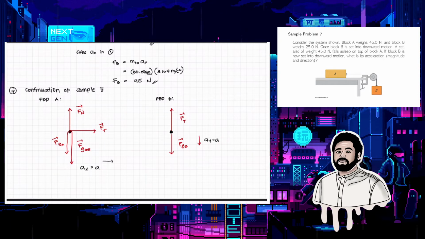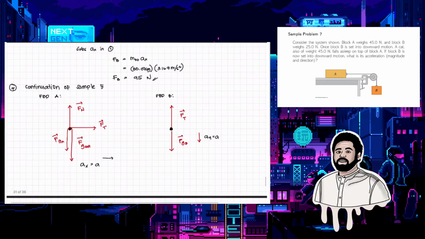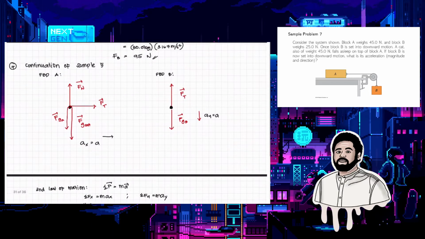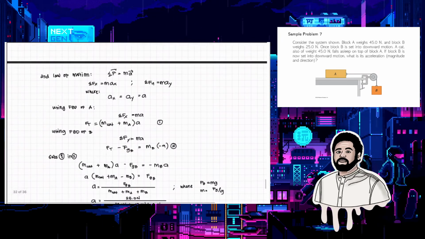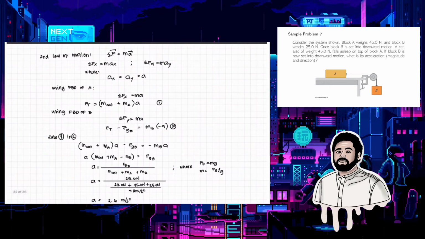I could have the same values for acceleration in terms of magnitude, but obviously later on they have different directions. Following the second law of motion, summation of forces is equal to MA. So summation of forces along X is equal to MA_x, summation of forces along Y is MA_y, where in terms of magnitude, a_x is just equal to a_y equal to A, for this particular example only.